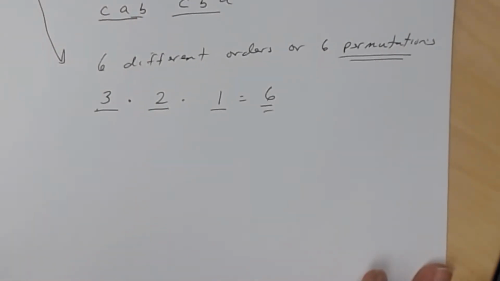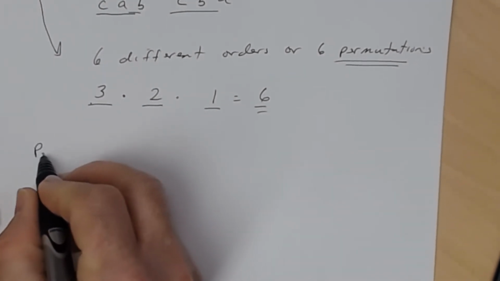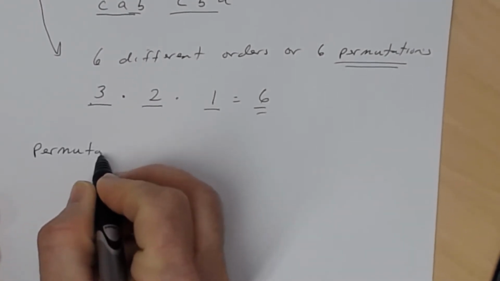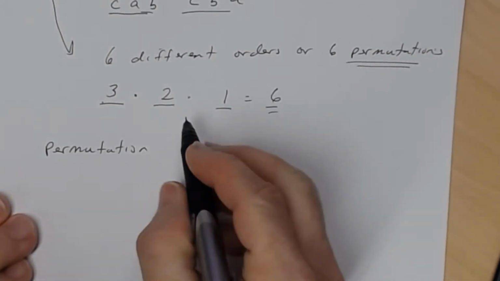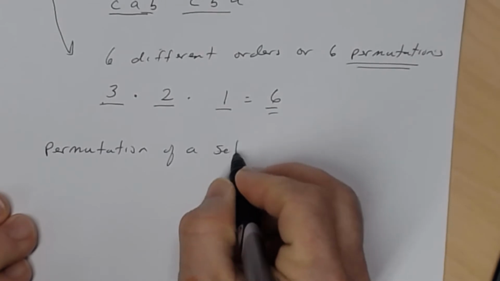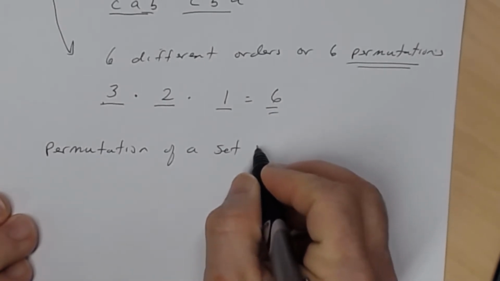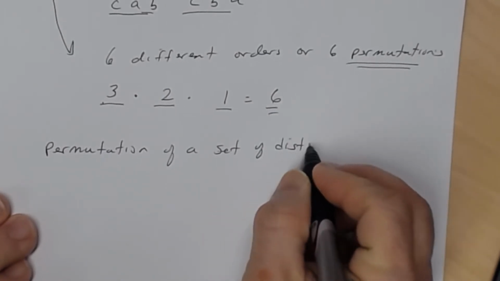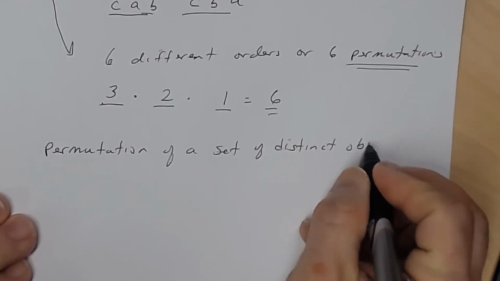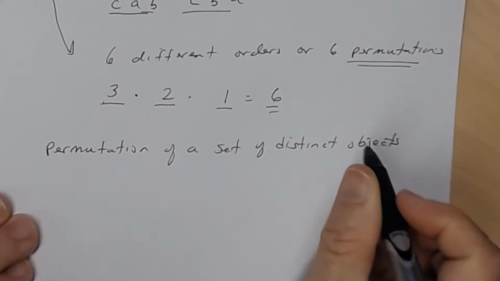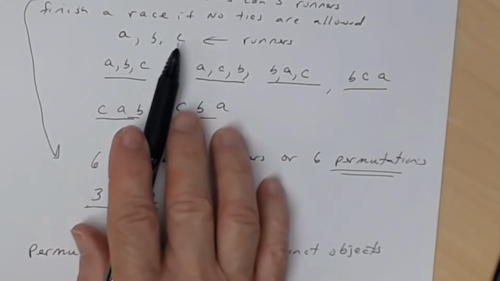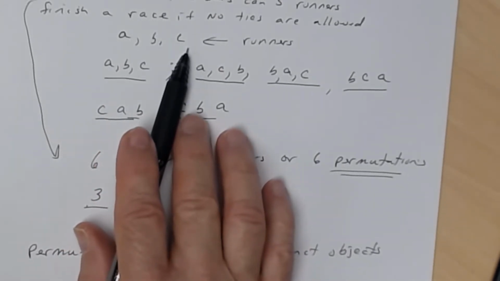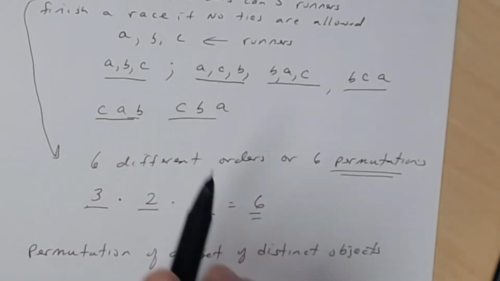All right, so a permutation of a set of distinct objects. So these were distinct. Person A, person B, and person C are not the same person, right? They're different people. Okay.